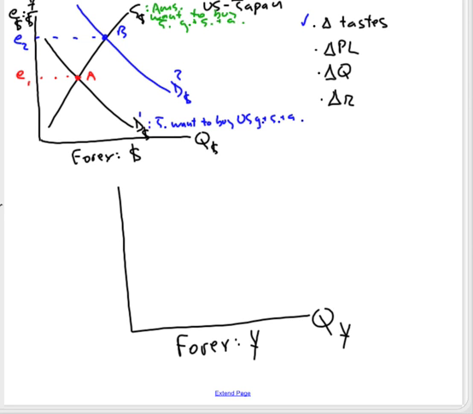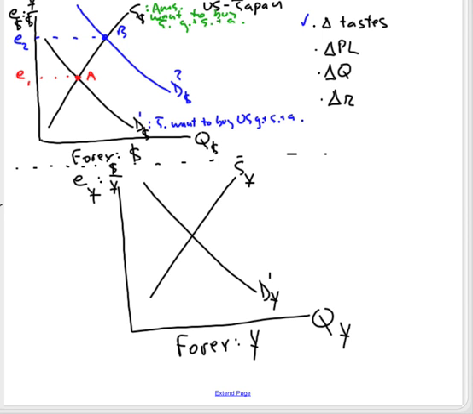Now we're looking at the foreign exchange market for yen, and therefore on the vertical axis we'll have the exchange value of the yen. How many dollars do you have to spend to buy one? Well, seen that way, what's going on? Seen that way, we started out with some original demand curve for yen and some original supply curve for yen. And some original exchange value of the yen.